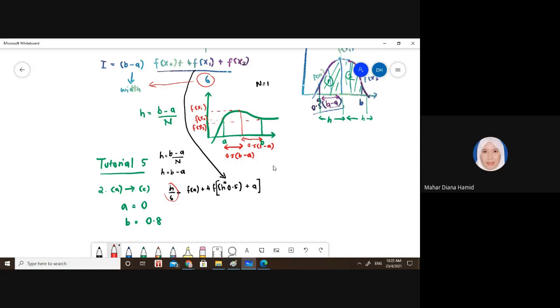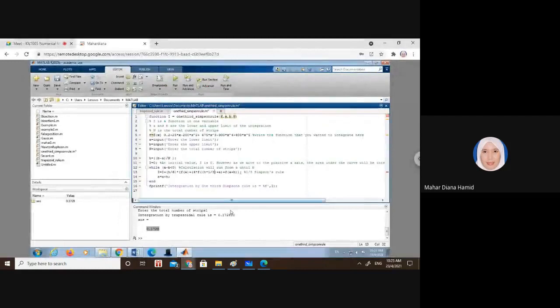What is the value of this? We put as X, X1. So this corresponds to this, and plus F of A plus H. H here is B minus A. So this corresponds to the MATLAB equation here.